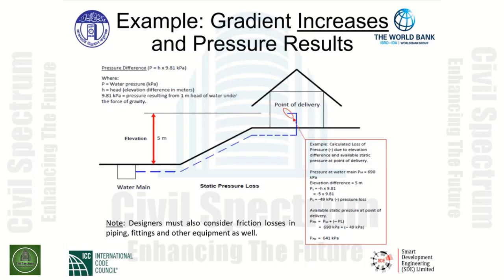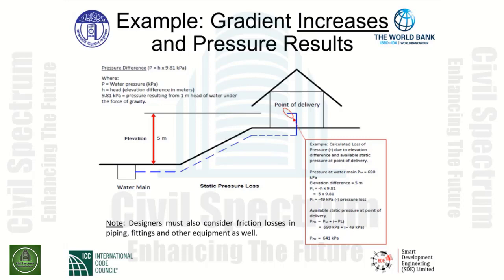Now, as seen here, static pressure, we have an elevation difference of 5 meters. So the static pressure loss is calculated according to our example.